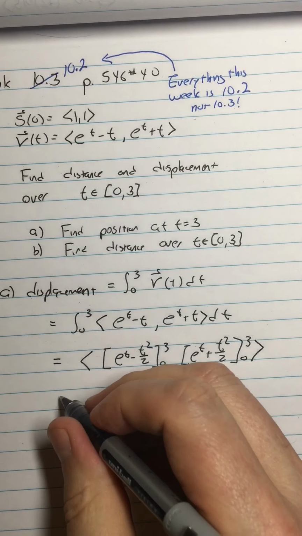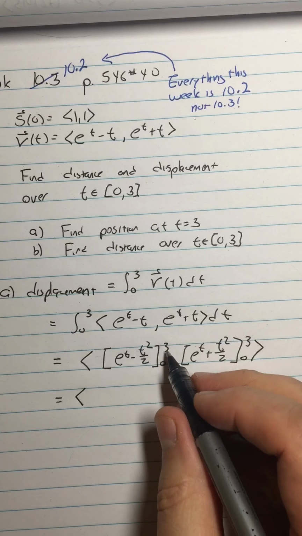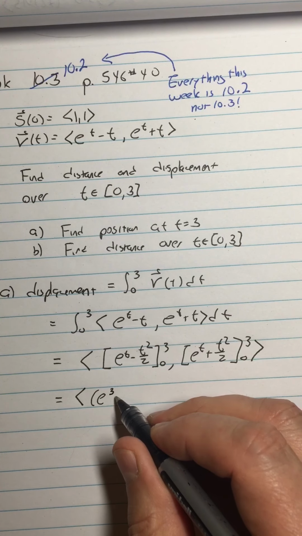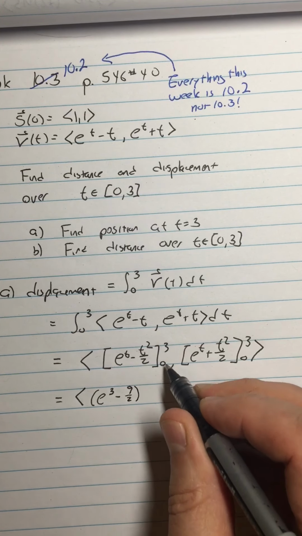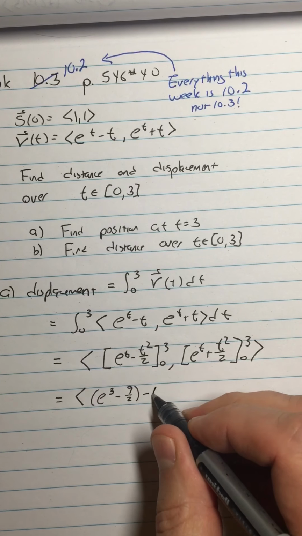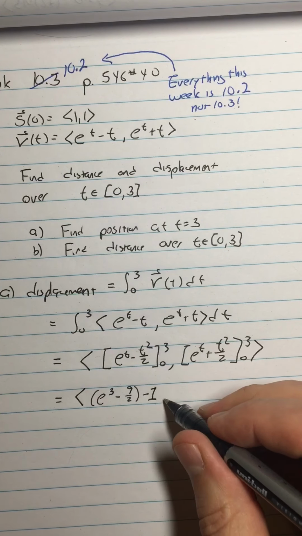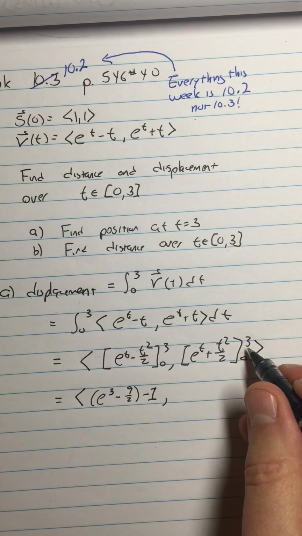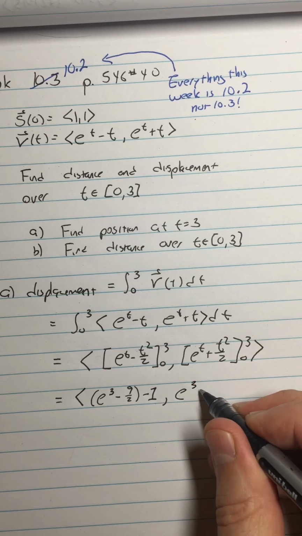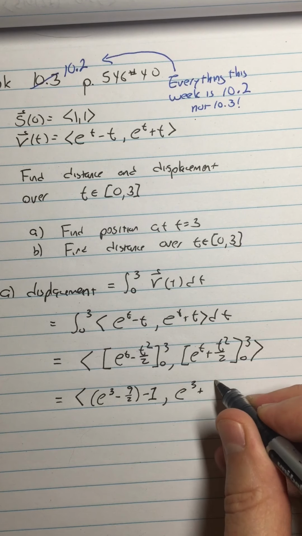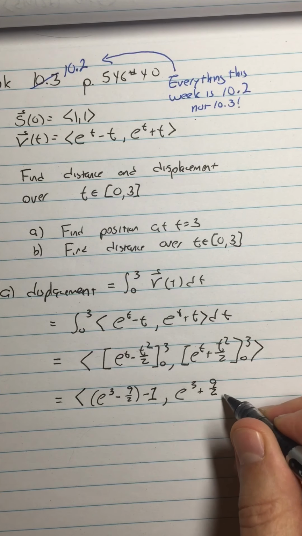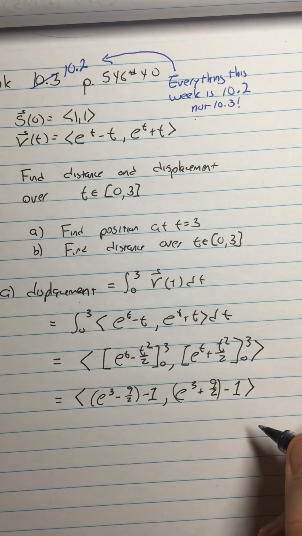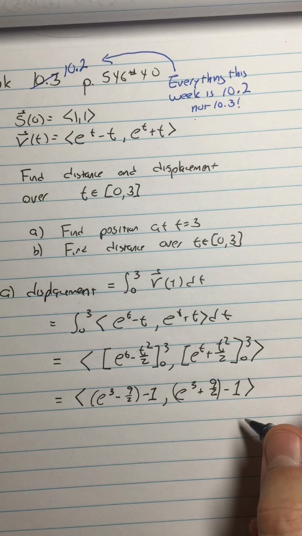So what is that? When I plug in the 3, I'm going to get e to the 3 minus 9 halves. And then when I plug in the 0, I get 1. And then for my y component, I'm going to get e to the 3rd power plus 9 over 2 minus 1.